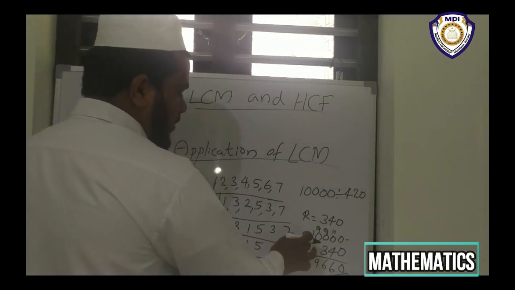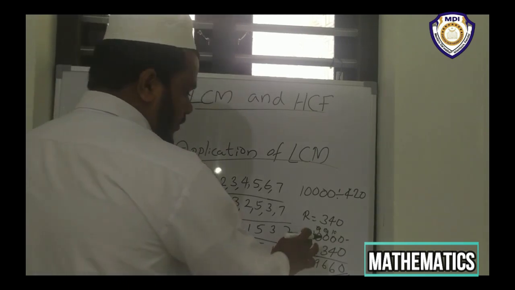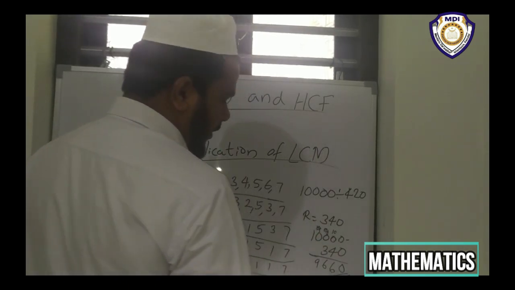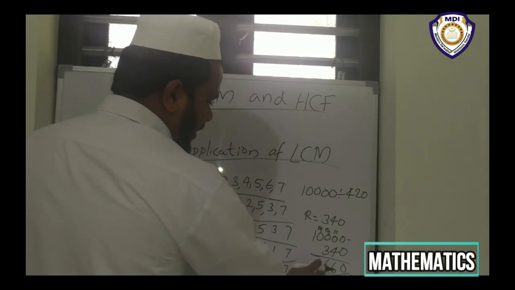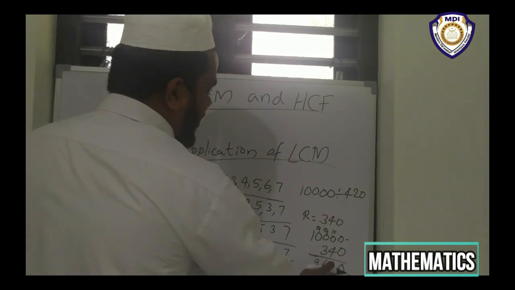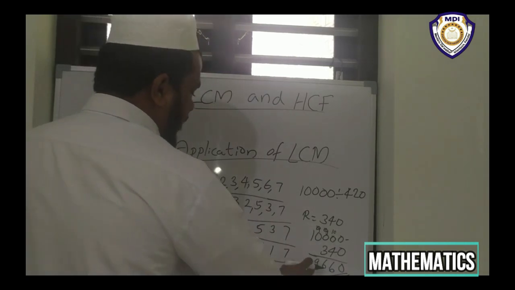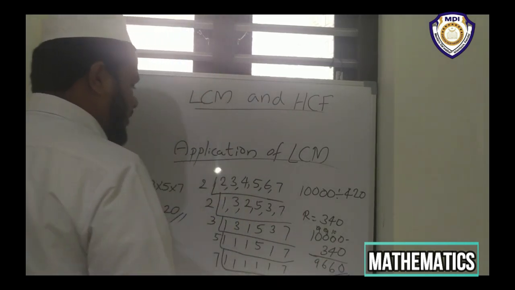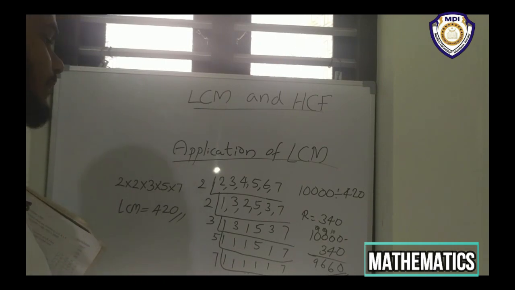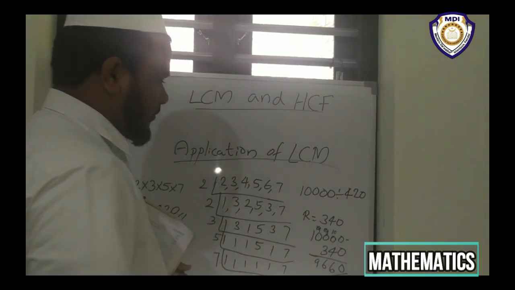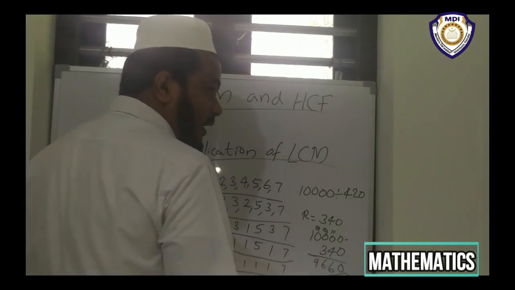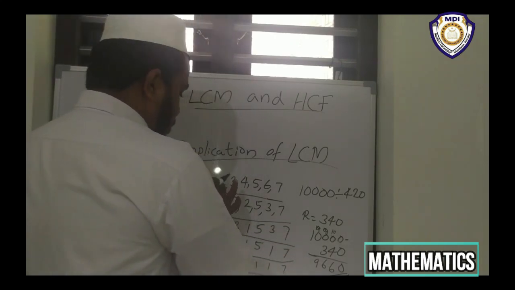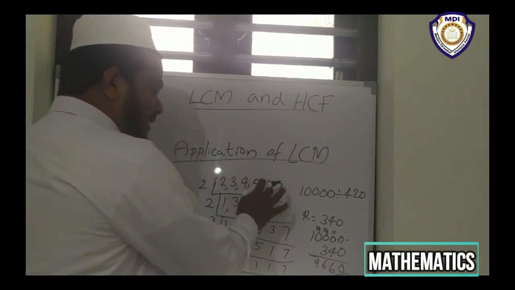This is the answer because there is no one; we have borrowed this one. Then 9,660. That is the answer. This is the one number which should be divisible by 2, 3, 4, 5, 6, 7.